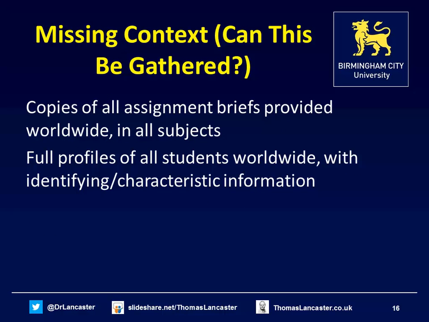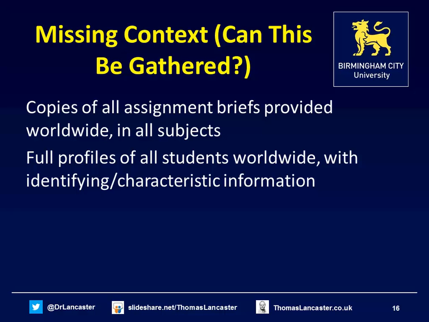Well, we need information to match this against, and this is where it gets really tricky. Ideally we need a copy of all the assignment briefs provided worldwide in every subject, because so many of them are hidden, and that's one of the biggest frustrations for a human contract cheating detective. It's perhaps not realistic, but perhaps we can approximate this in some form. We also need details of all the students studying worldwide.